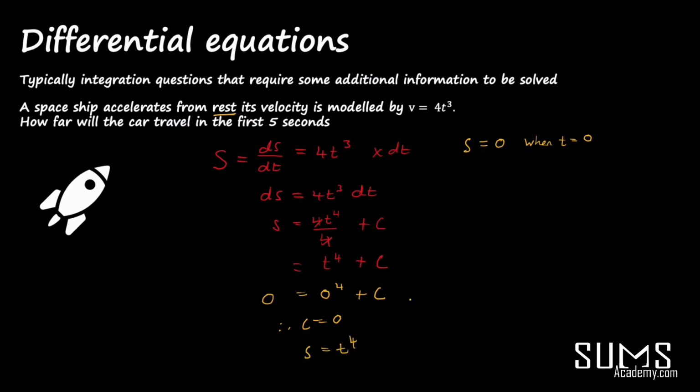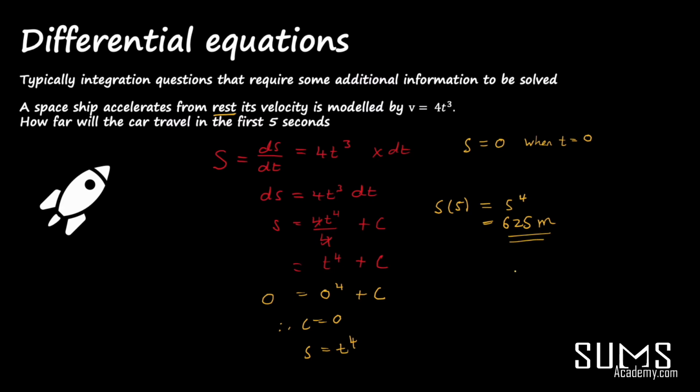We're not quite finished yet. It wants us to say how far will the spaceship travel in the first 5 seconds. So s of 5 is equal to 5 to the power of 4, which is equal to 625 meters. Okay, so there's your answer.